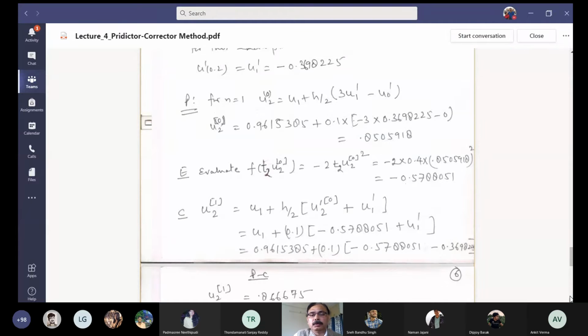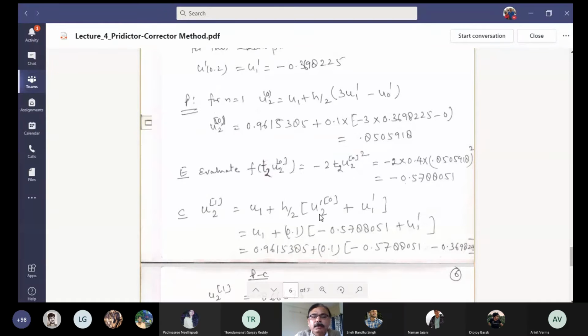What next we'll do, we'll improve this value u2 using the implicit method. Now, for n equal to 1, if you see the corrector method, it is u2 equal to u1 plus h by 2 times the average slope at u1 and u2.